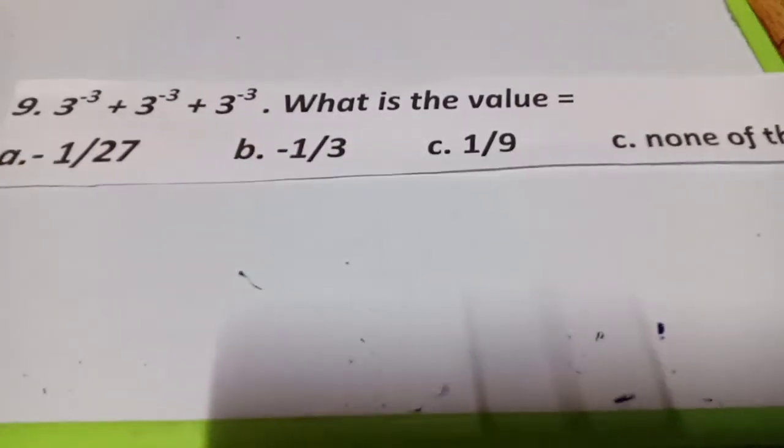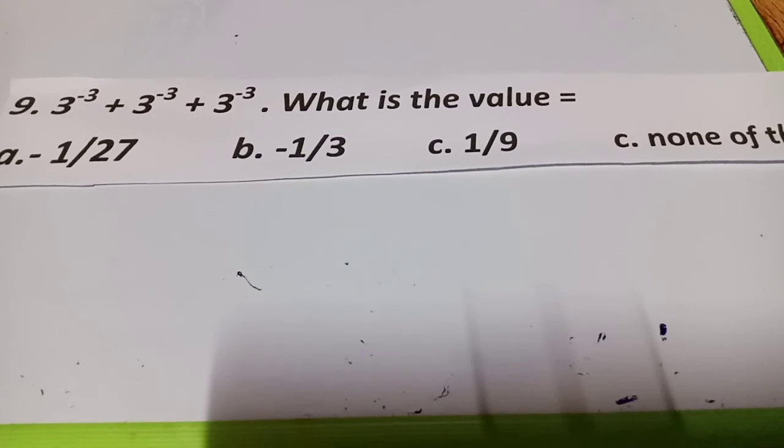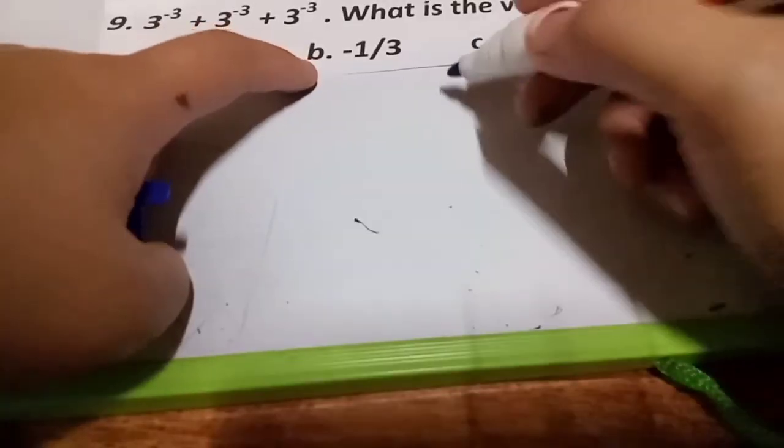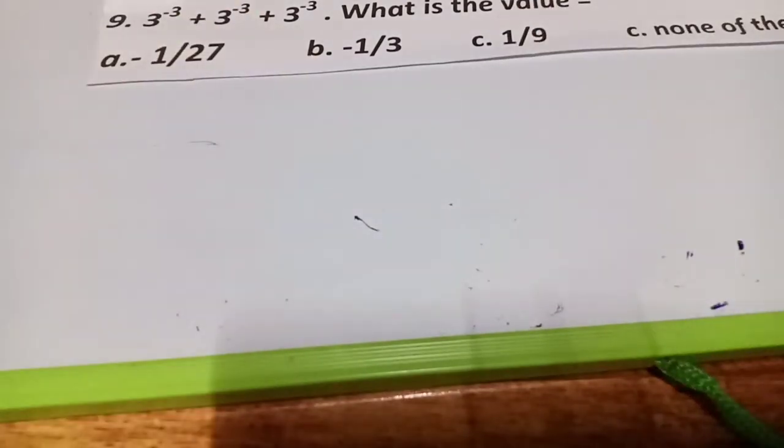Let's proceed for number 9. 3 to the negative 3 plus 3 to the negative 3 plus 3 to the negative 3. What's the value? We know that 3 raised to the negative 3 is the same as 1 over 3 to the third power. 3 to the third power is 27 because 3 times 3 is 9, 9 times 3 is 27.